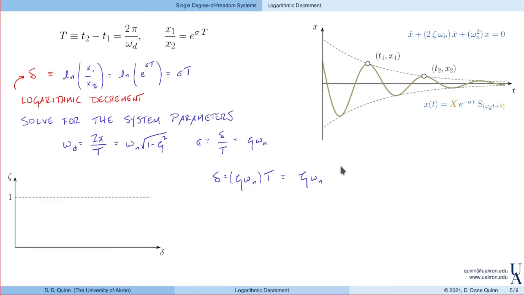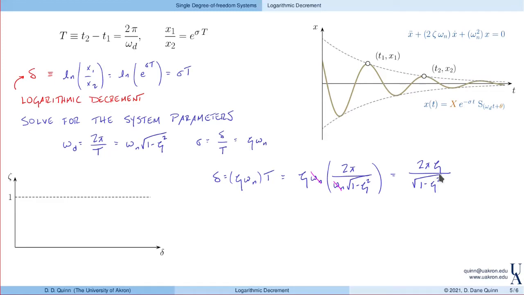So it's actually 2 pi divided by omega n square root 1 minus zeta squared, because that's equal to t. This is nice because the natural frequency drops out. And as a result, we're able to write this as 2 pi zeta divided by square root 1 minus zeta squared. So now I see that the logarithmic decrement is in fact only a function of the damping ratio.